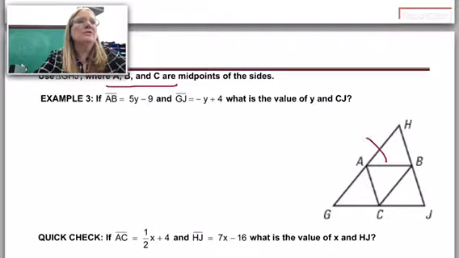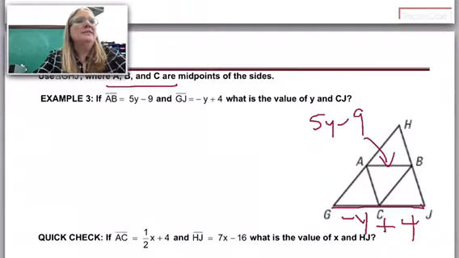They give us a measure of AB, which is 5y minus 9, and they give us the measure of GJ, which is negative y plus 4. So what we need to understand is that this is a mid-segment and this is the third side, and so AB is half as long as GJ.